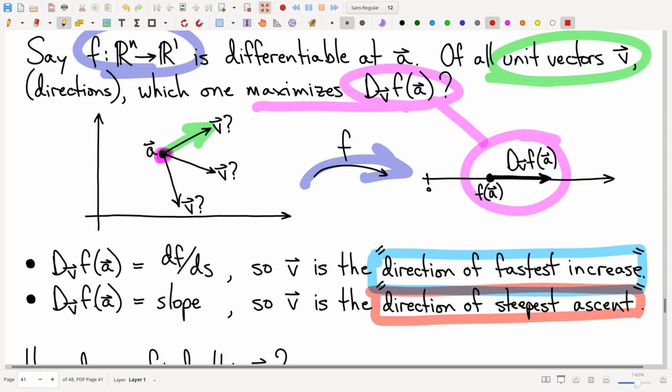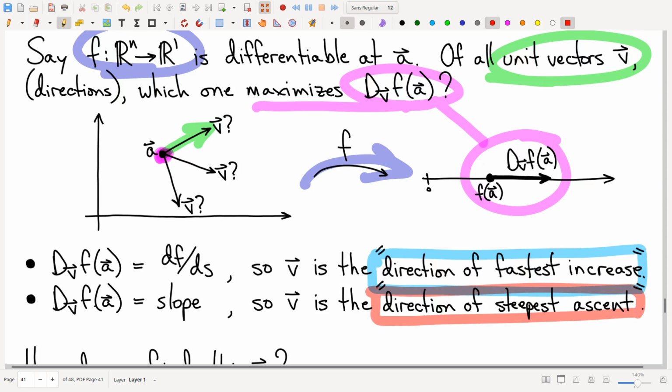So this terminology, direction of steepest ascent, sort of assumes that you're thinking of the function in terms of its graph. And maybe you are, but you might not be. In fact, you need not be. In fact, you sometimes can't be, right? And I think that makes this really awkward.